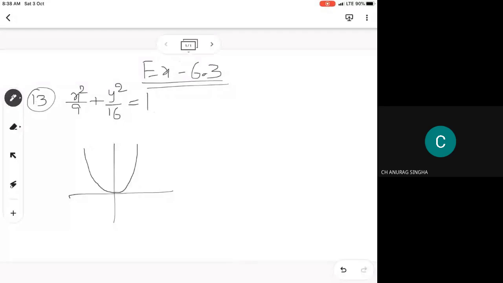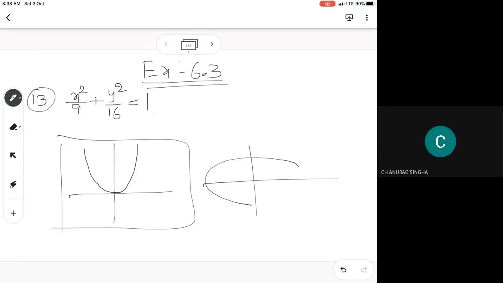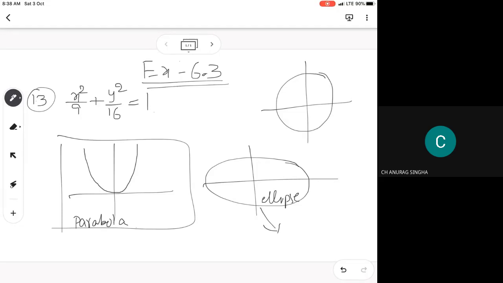This is a parabola, and this is a parabola, and this is an ellipse. Do you remember at least? And the equation of the circle you have also learned. The equation of the ellipse is this one, the given equation.